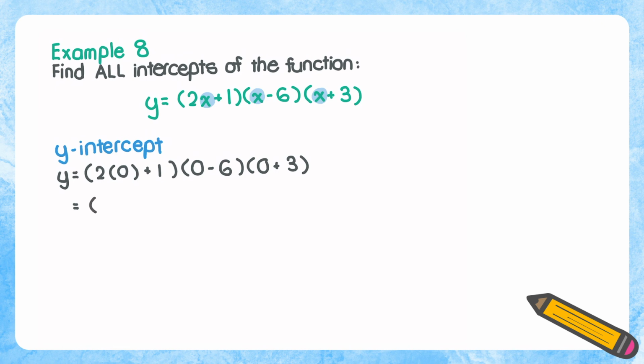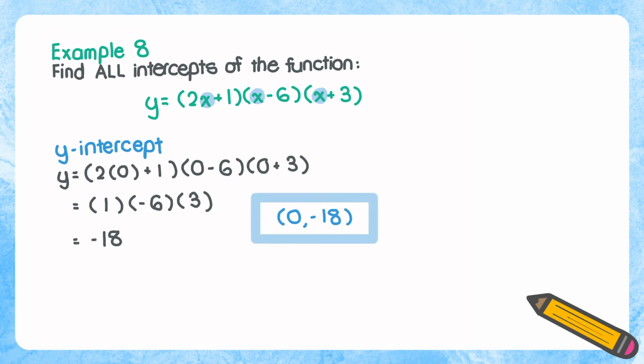So 2 times 0 is 0, and 0 plus 1 is 1, so I have 1. 0 minus 6 is negative 6, and 0 plus 3 is 3. 1 times negative 6 times 3 is negative 18. Be careful about your positive and negative operations here. Our y-intercept is at 0, negative 18, which we found by setting x equal to 0.